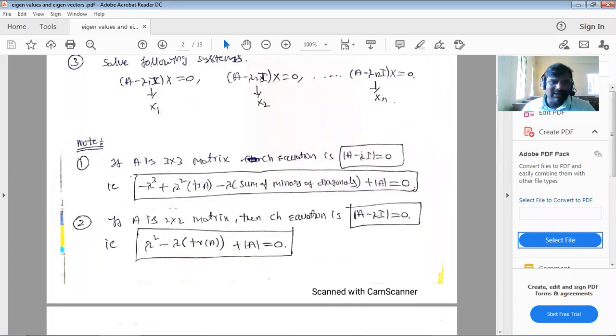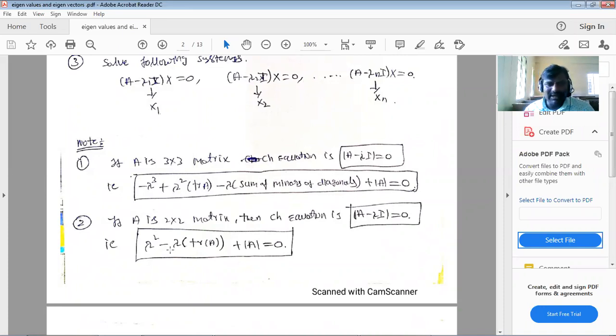First, I will come back to the 2 by 2 matrix. If A is a 2 by 2 matrix, then the characteristic equation is determinant of A minus lambda I is equal to 0. How to find the determinant of A minus lambda I? First you find the matrix A minus lambda I, then write down the determinant.